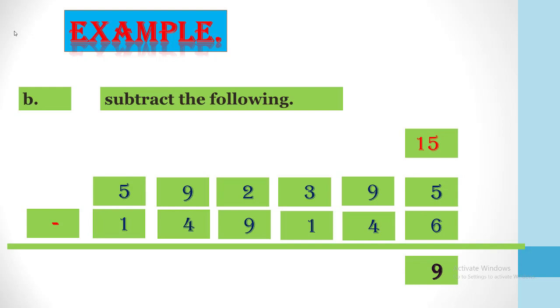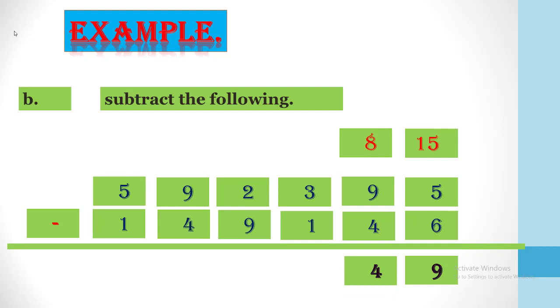When we subtract 6 from 15, the answer will be 9. After giving 1 carry to 5, 9 will become 8. When we subtract 4 from 8, the answer will be 4.